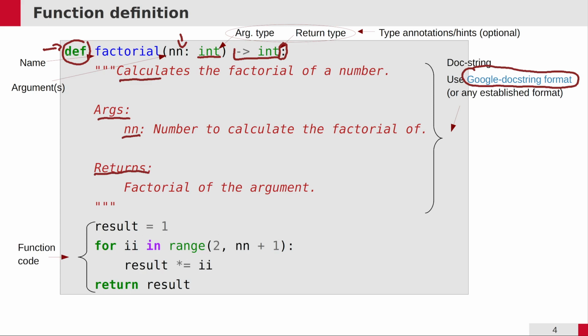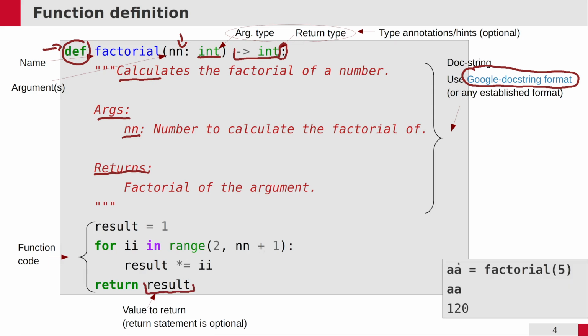Then you have the function code in the function body, which implements your algorithm. And if the function should return a certain value to the caller, then you have a return statement with the expression which should be evaluated and returned to the caller. So how do you call the function? It's very simple.